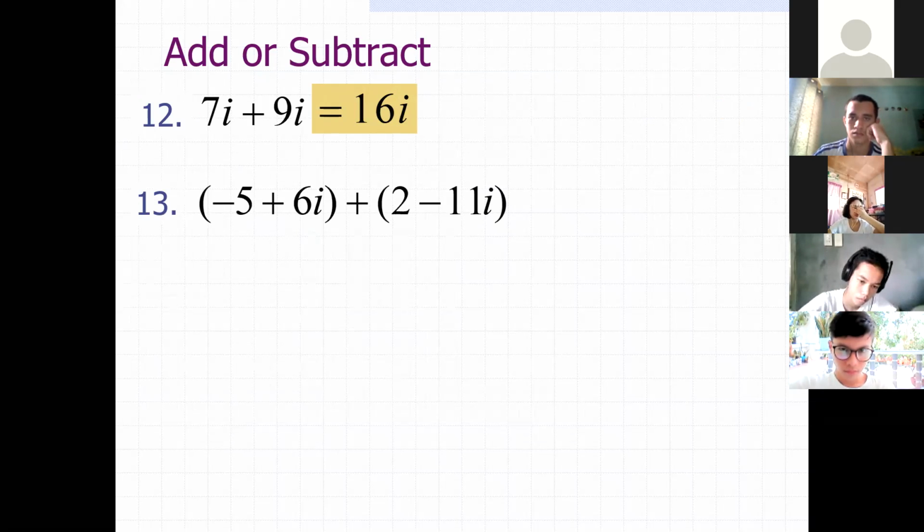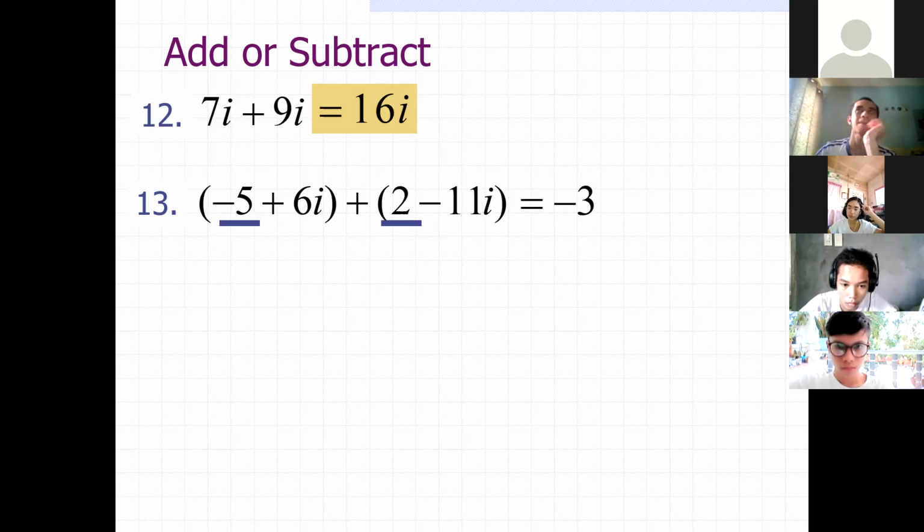If you have two complex numbers being added, you again combine like terms. You combine the real part to the real part, and the imaginary part to the imaginary part. So negative 5 plus 2 is negative 3. Now let's combine the imaginary parts: 6i plus negative 11i gives negative 5i.